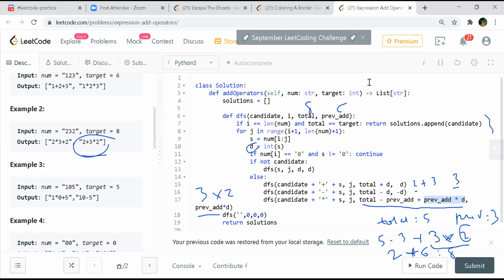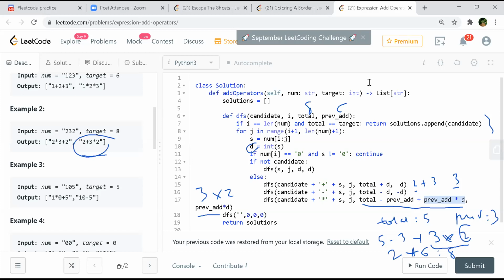So what we need to take care of for the multiplication is that the last time we added it as an addition, or it could have been a subtraction, we need to remove that. How do we take care of whether it was addition or subtraction?